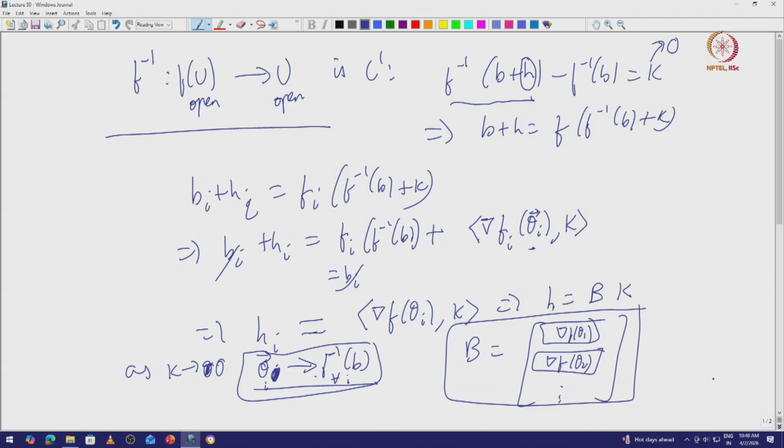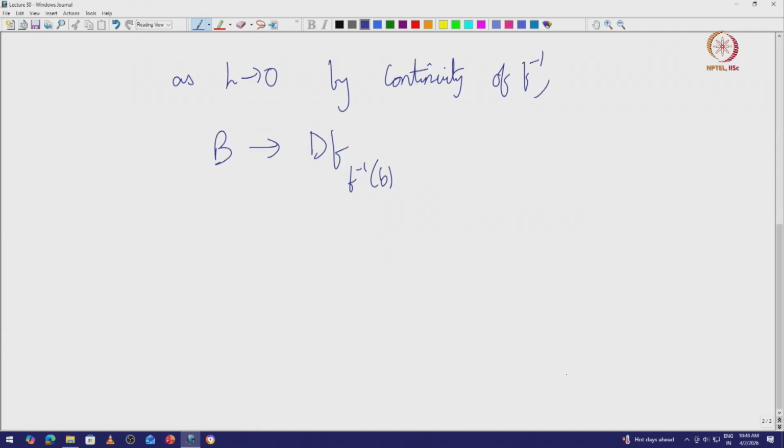In other words, as h goes to 0, k goes to 0. If k goes to 0, theta goes to f inverse of b, which means B will go to, notice that the derivative of f is a continuous function, because f is assumed to be C1, which means each row of B goes to the gradient of the corresponding component of f evaluated at f inverse of b. In other words, B itself approaches the derivative of f evaluated at the point f inverse of b.